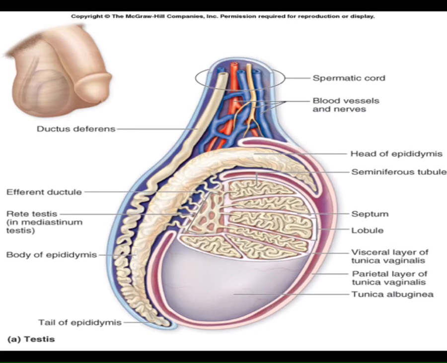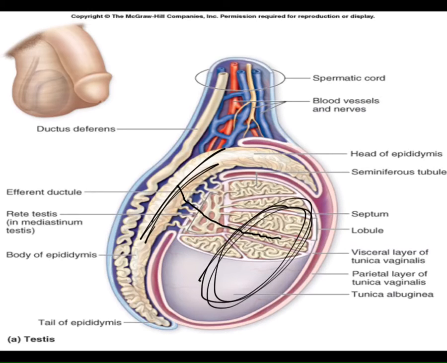So just structurally, what do we have here? We've got all the seminiferous tubules within the testis. We've seen this. The sperm produced there are going to go off to the epididymis. The epididymis is a storage vessel for the sperm. They also grow up a little bit, mature a little bit, and become better swimmers there. Upon production, they really don't swim very well, so they get pushed off to the epididymis by the flow of fluid.